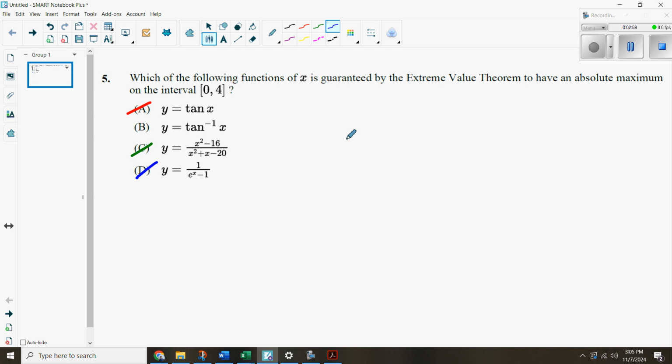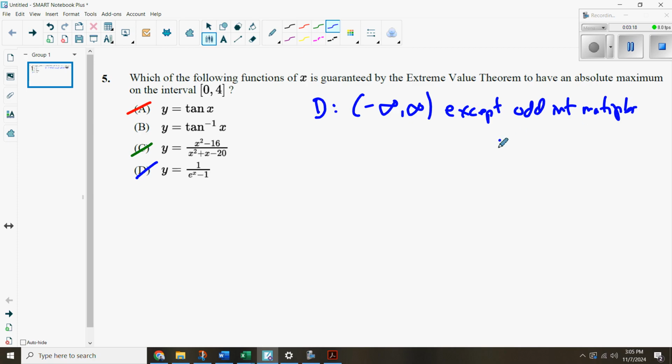We know that the domain of the tangent function is negative infinity to infinity, except odd integer multiples of pi over 2.